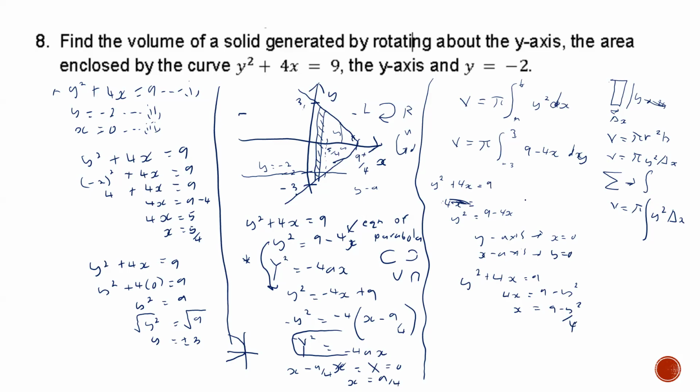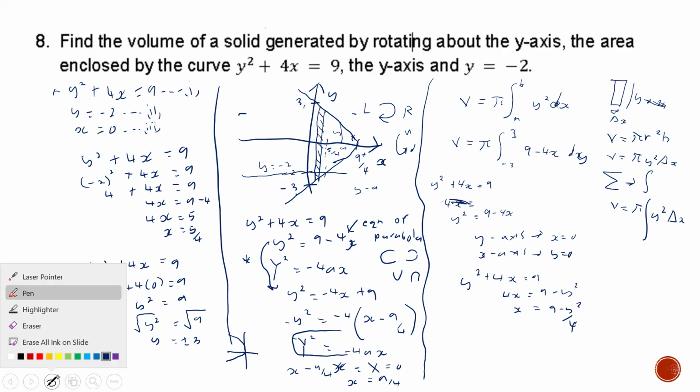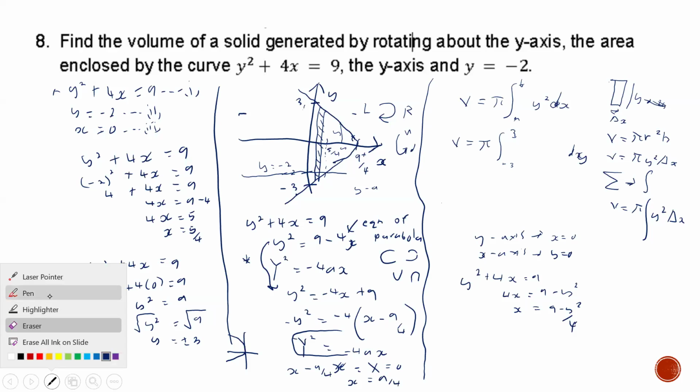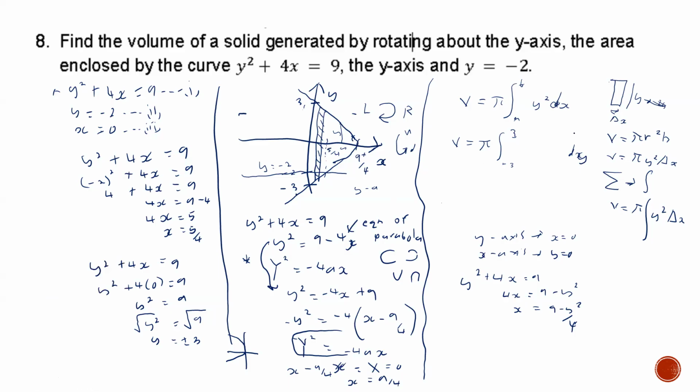Let me erase some things here. So I've made x the subject, such that this should ideally be 9 minus y squared out of 4.